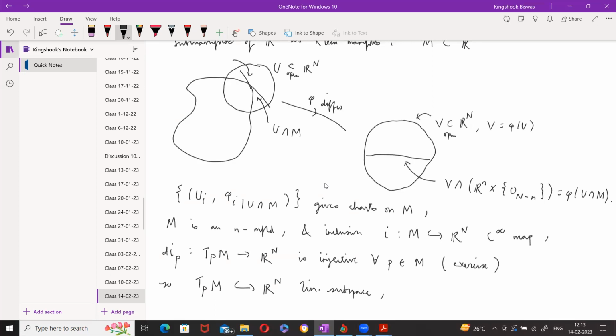This would be T_pM sitting inside R capital N. So for a submanifold of R capital N, the tangent space is identified with the subspace of R capital N at each point.